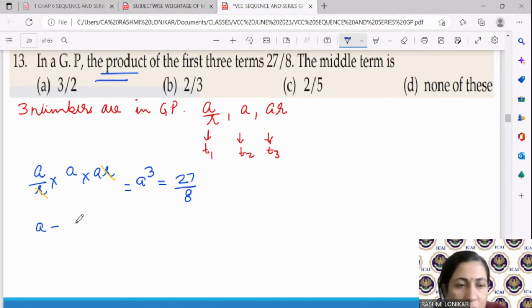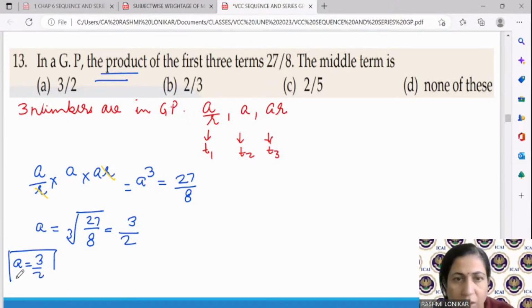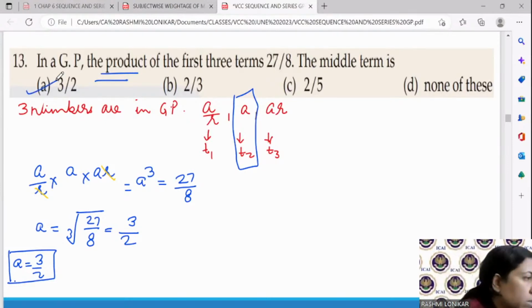A will be equal to cube root of 27 upon 8. What is the cube root of 27? 3 into 3, 9. 9 into 3, 27. So this is 3. And upon 8, what is the cube root of 8? It is 2. Okay. So A is equal to 3 upon 2. And they are asking for the middle term. Middle term is this. So 3 upon 2. So option A will be the correct answer.